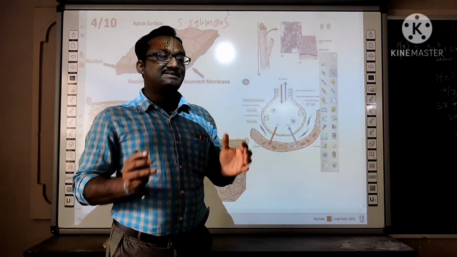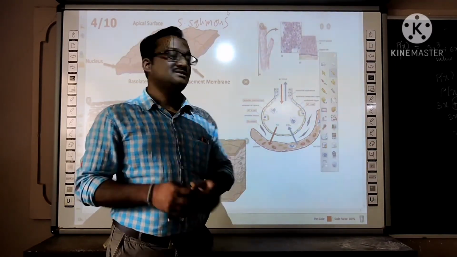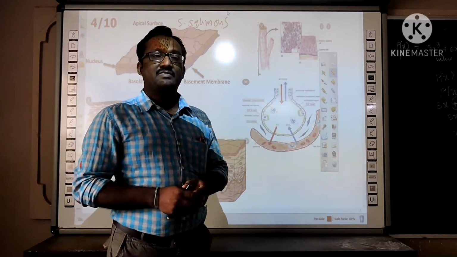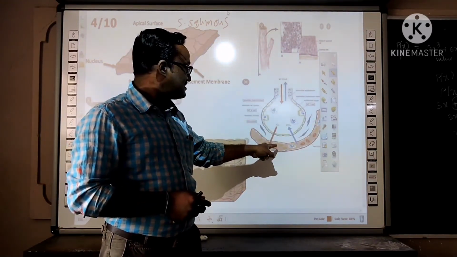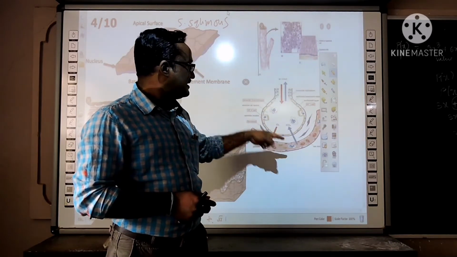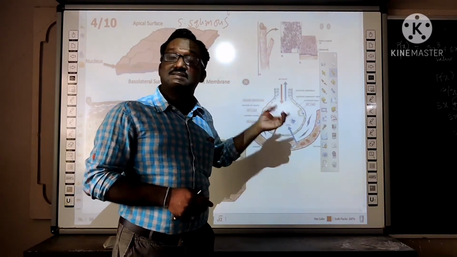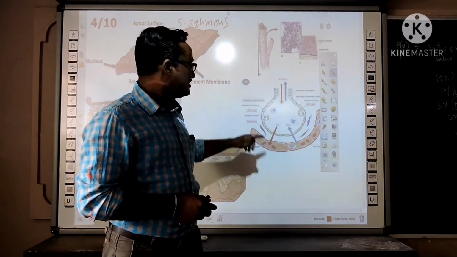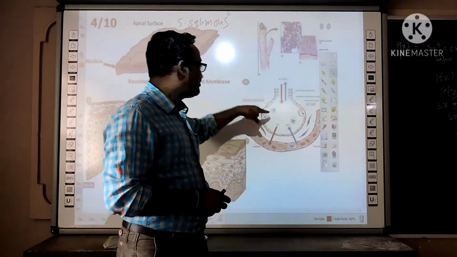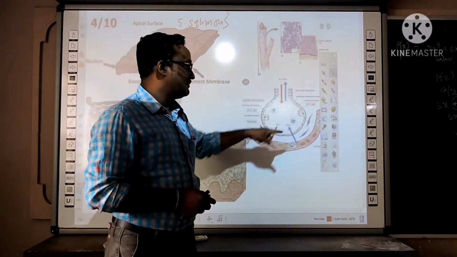So in the lungs, gaseous exchange takes place between the blood and lungs. That means the oxygen in the lungs enters the blood, the carbon dioxide in the blood enters the lungs. This is called gaseous exchange. For this exchange, the walls of the lungs are made of simple squamous epithelium.